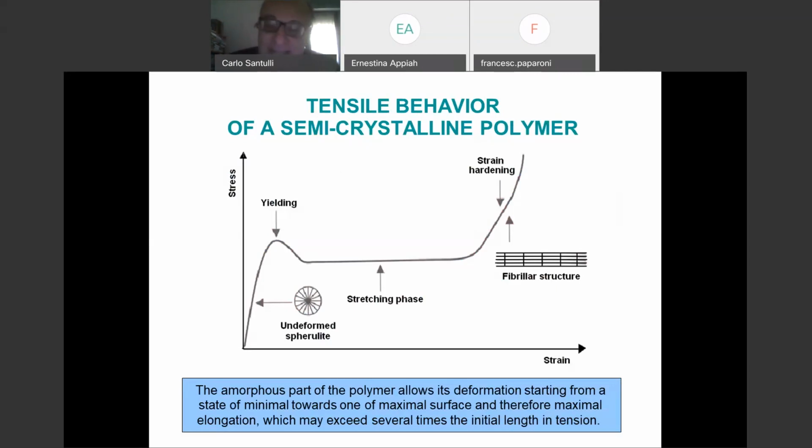Which means one very simple thing: semi-crystalline polymers can never be considered completely elastic. They always have some plasticity, some viscous effect. So with time, as always, they have some creep. I hope we can discuss a little bit more about creep in polymers, but we have creep at room temperature, and we have creep for whatever, even small deformation.